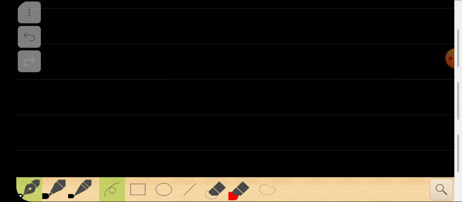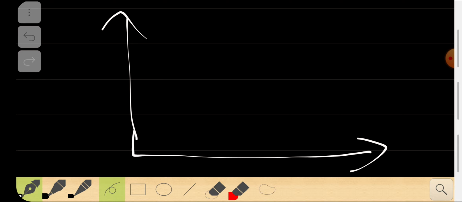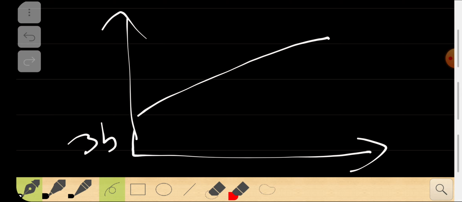Now if you look at the velocity versus time graph, each point represents a different velocity for your particle.